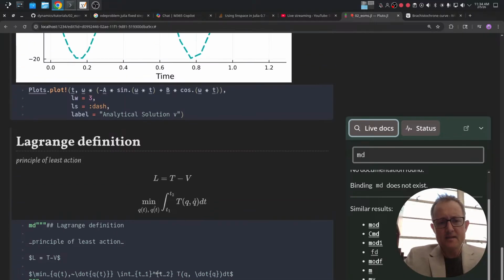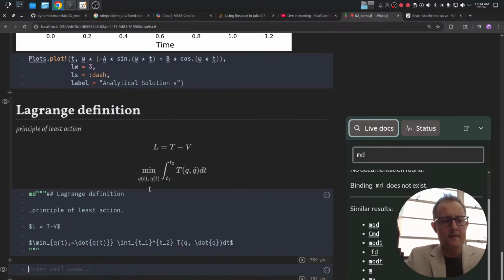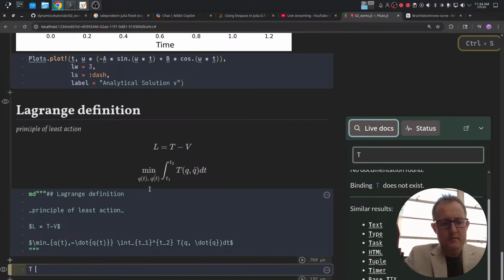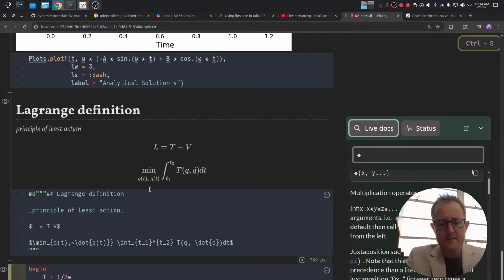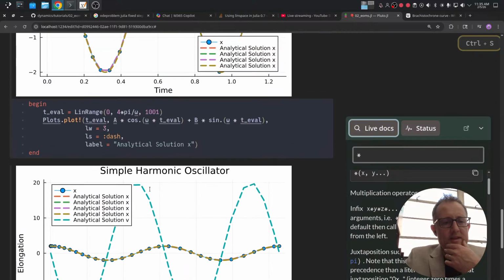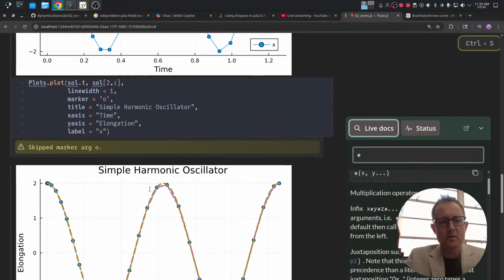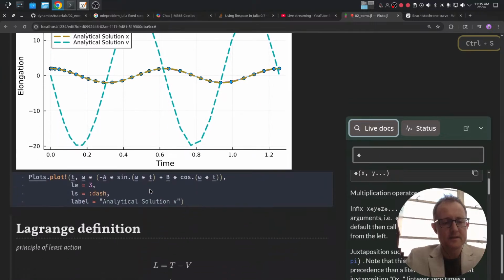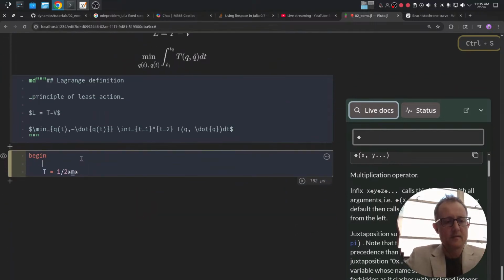So in this case, our, let's say we'll give it a begin. T is 1/2 times m times, let's see, so this would be sol 1, right? Let's just define that.